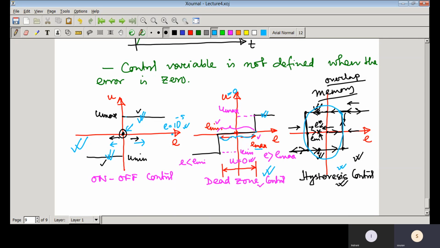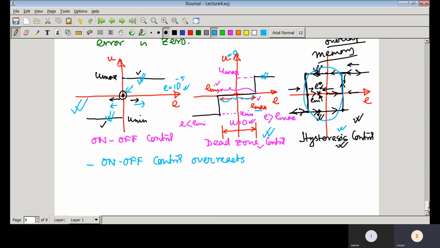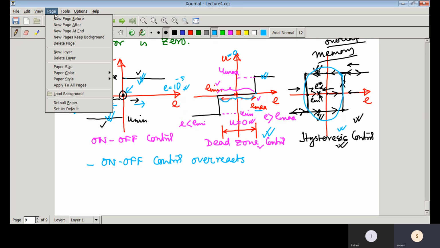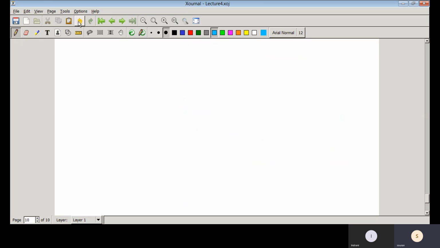That means this on-off control overreacts. So to overcome these disadvantages of those control strategies, we use PID type control. So let us start discussing the PID control strategy.